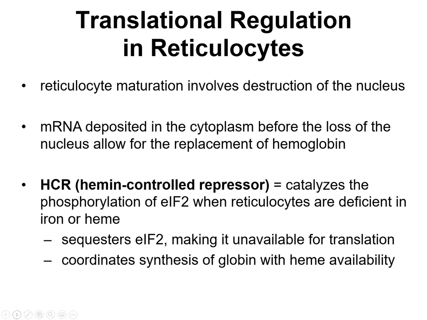So, if you don't have iron or heme around, you don't really want to be trying to make hemoglobin. So, it's going to sequester EIF2 and make it unavailable for translation. And then, when heme is available again, you remove that phosphoryl group and you can actually start synthesis of the globin part of hemoglobin.